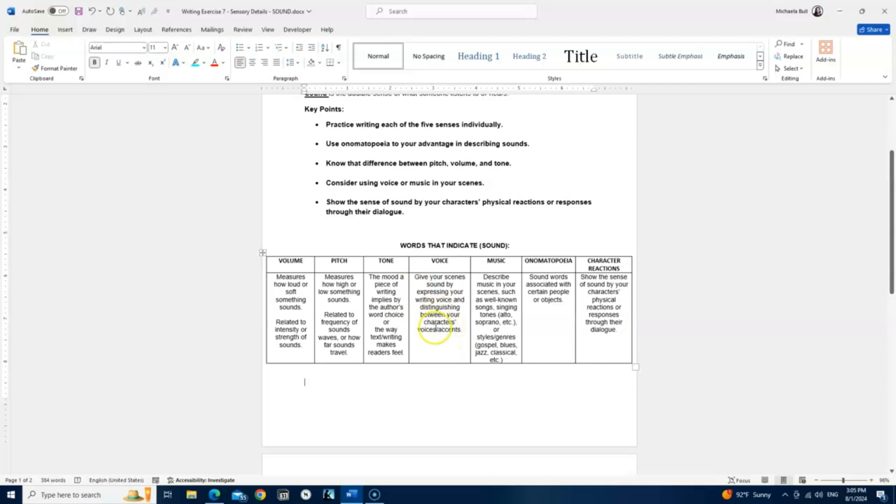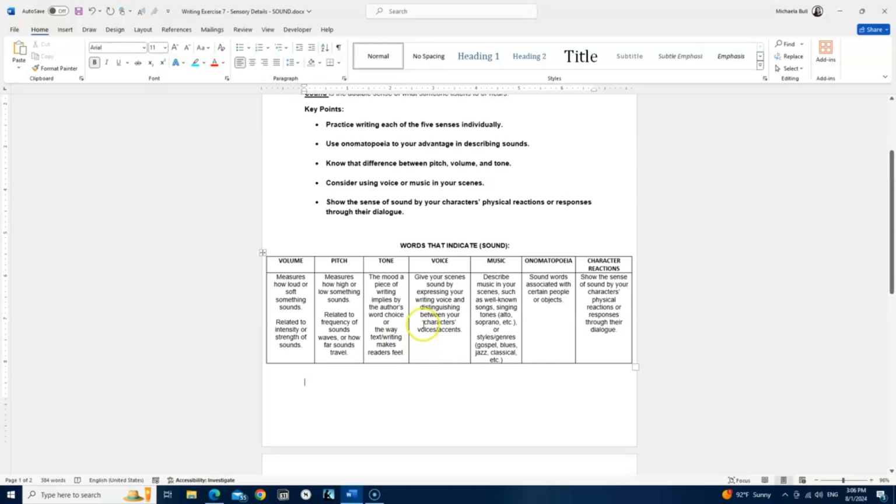Another good thing is just being able to distinguish between your characters' different voices or accents. Like maybe some of your characters are from different countries, or maybe some of them use slang, for example, or are from the South, such as my character, Mrs. Robin Savage, who's originally from Atlanta, Georgia.